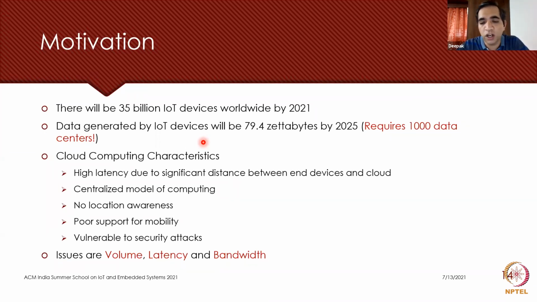One of the data points that is available says that by 2025, these many devices will generate something like 79.4 zettabytes of data. That's 10 to the power of 21. So that's a lot of data.